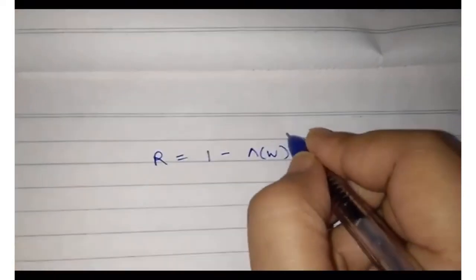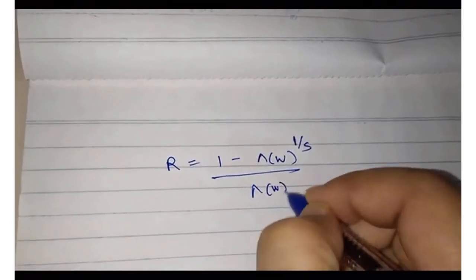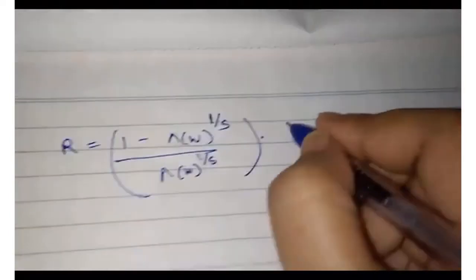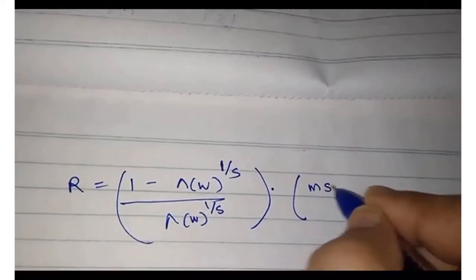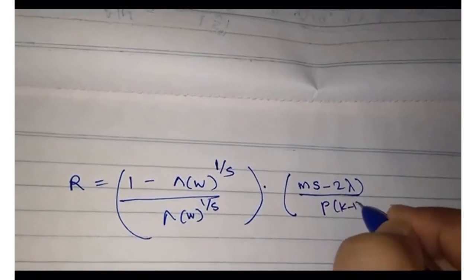There is another approximation also. Let me write that also. So another approximation is given by Rao. So you define R as 1 minus lambda w raised to 1 by s upon lambda w raised to 1 by s, this into ms minus 2 small lambda upon p into k minus 1.